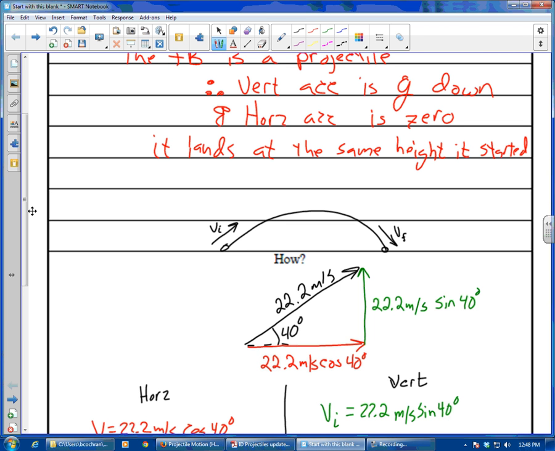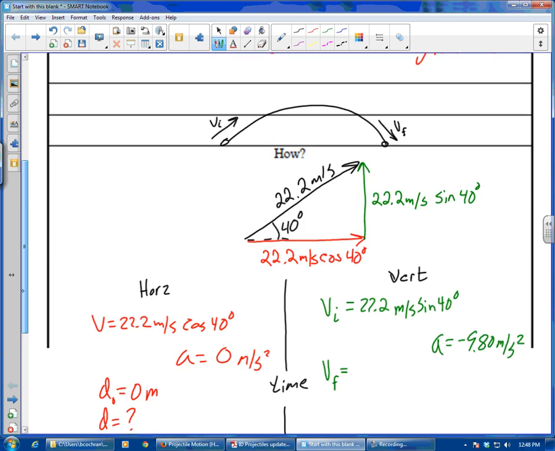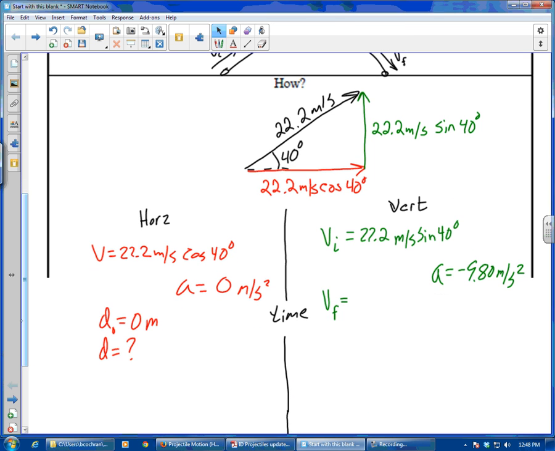Horizontally there's no change, but vertically it starts up at this green vector, goes up, and the velocity is 0 at the top, and then it has just the same amount of time to come back down and gain back just as much velocity as it lost.